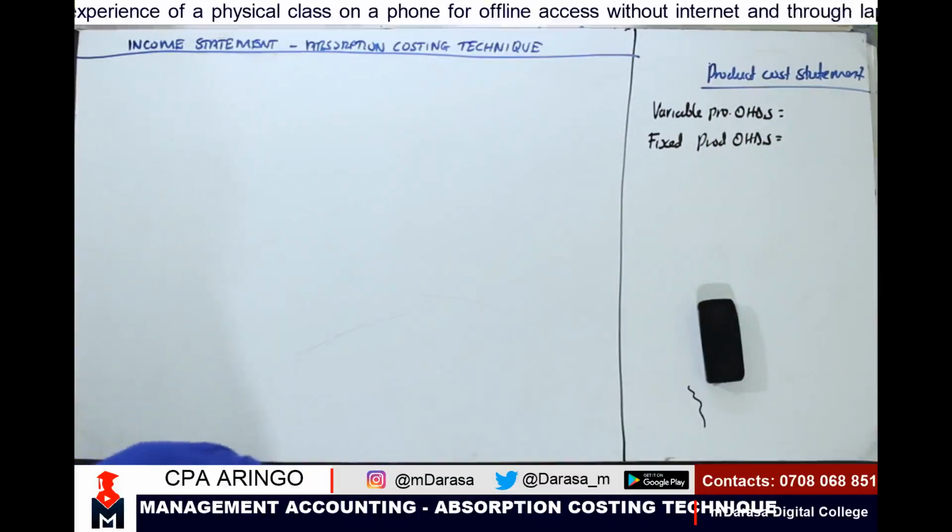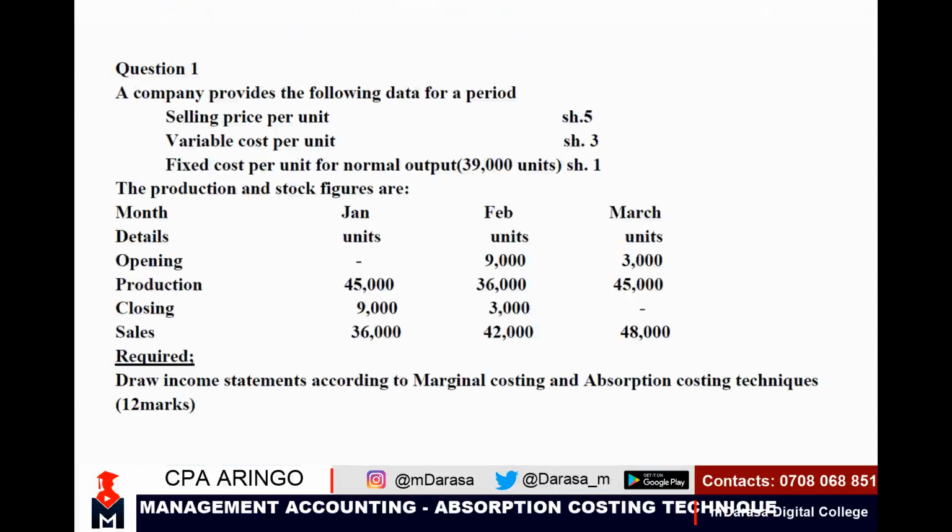I'm having variable, I was given 3, whereas for fixed production overhead I was given 1. So determining our product cost per unit, you should be having how much? 4 shillings.